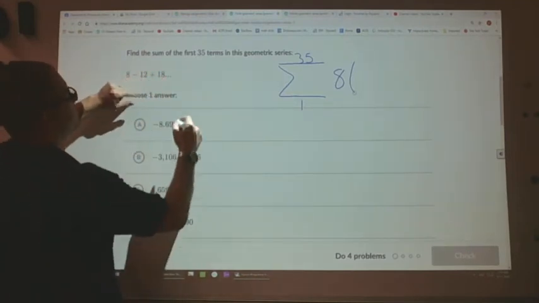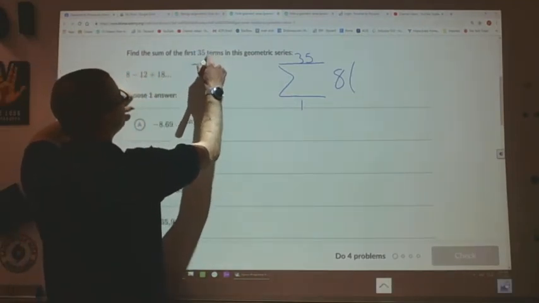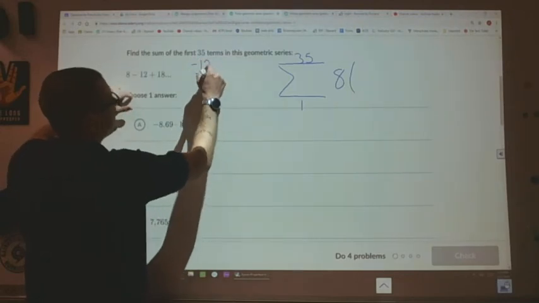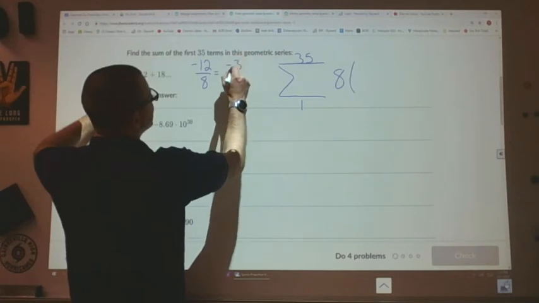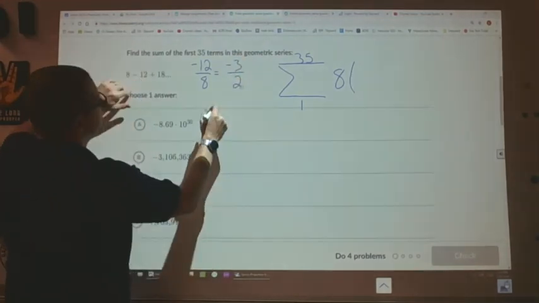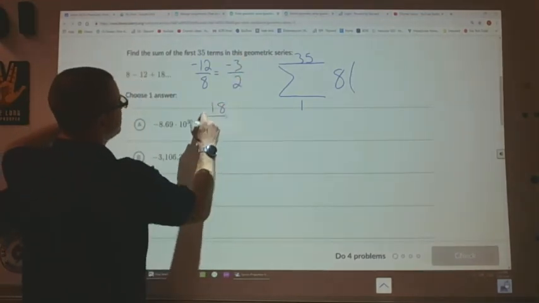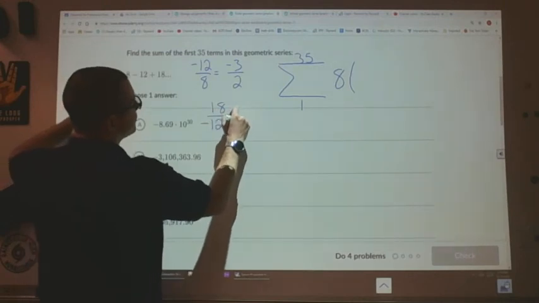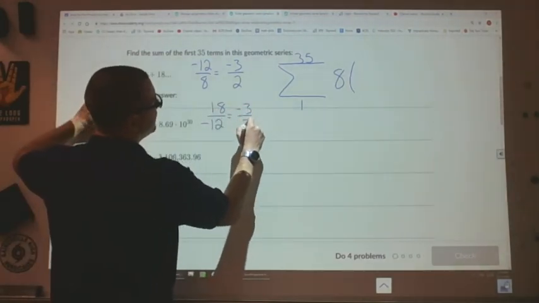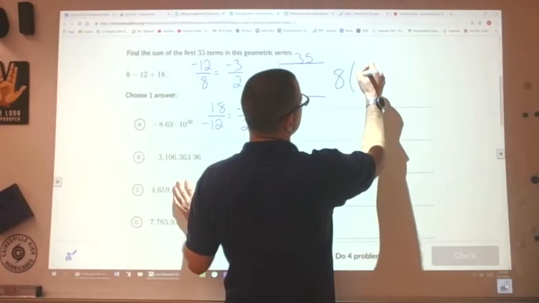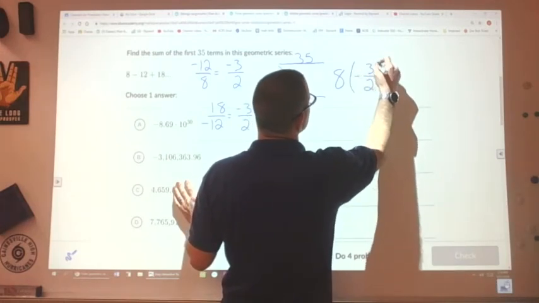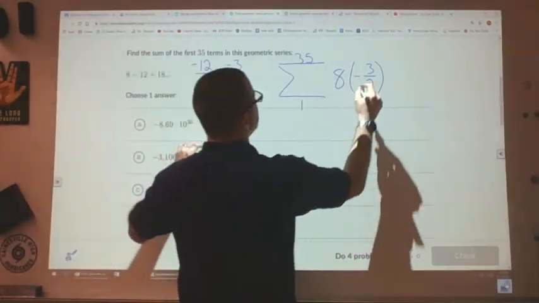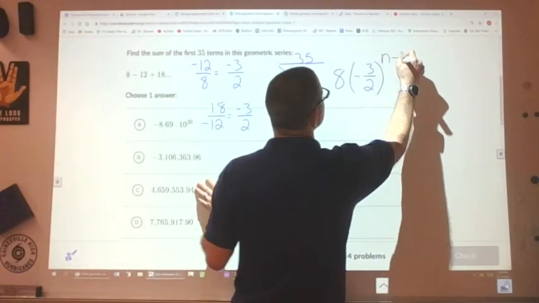Well, let's just look at the ratio. Negative 12 over 8 is equal to negative 3 halves. 18 over negative 12 is also negative 3 halves. That's my rate. That's what we're multiplying by each time. Negative 3 over 2 to the n minus 1 power.